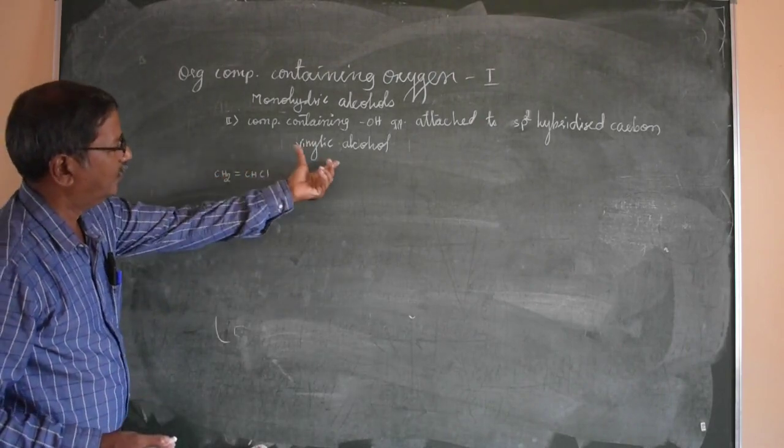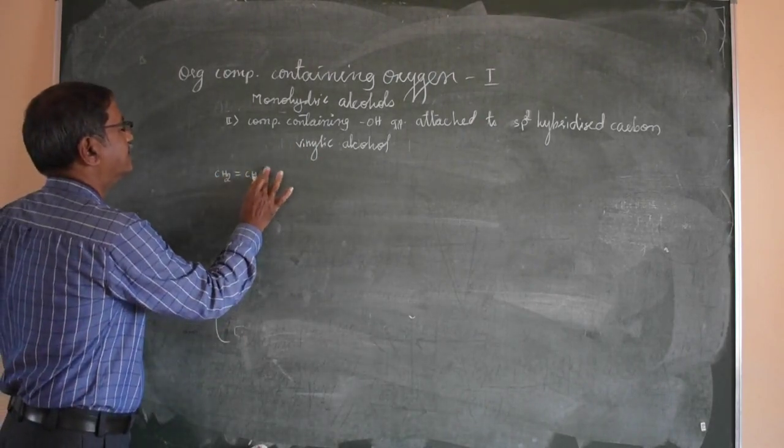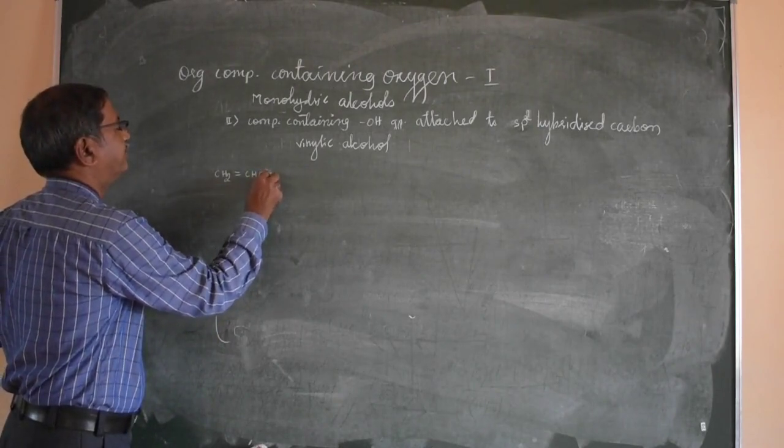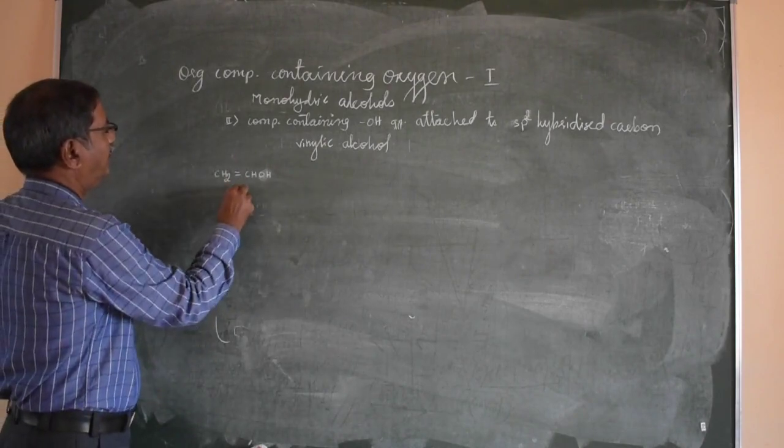Like that, vinylic alcohol means you can substitute the Cl by OH. So it is vinylic alcohol.